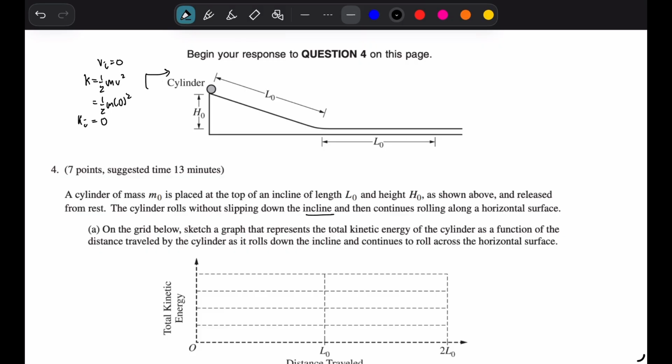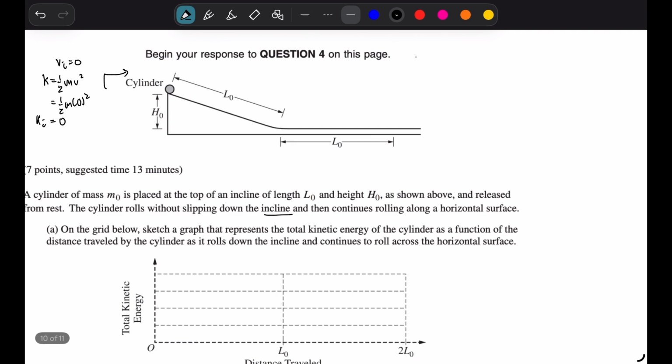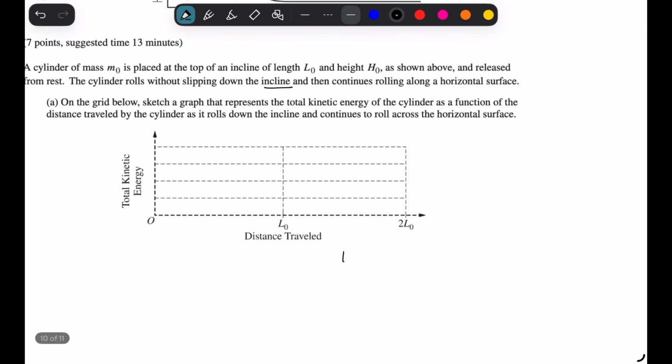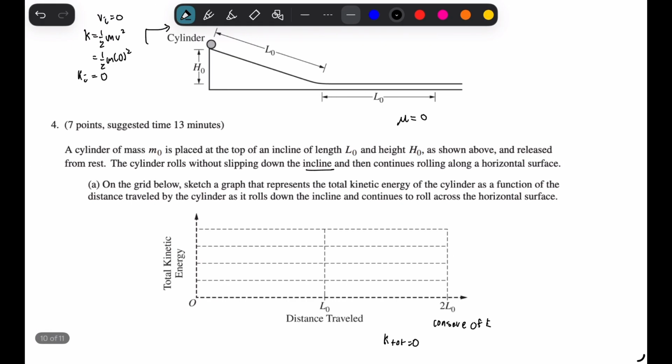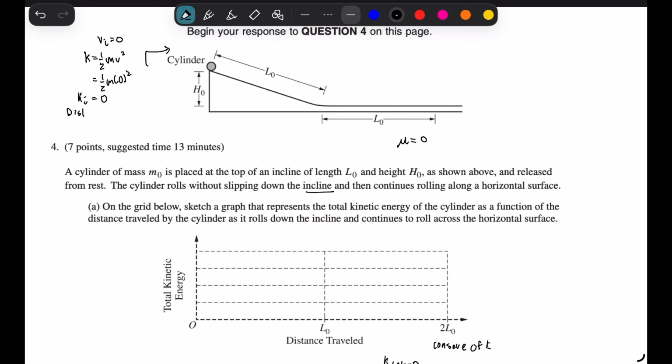Therefore, your K total will equal 0 because we're going to have conservation of energy, since there was no mention of friction here, so we can assume that. Therefore, when you are at your distance traveled at x, it's going to equal 0.